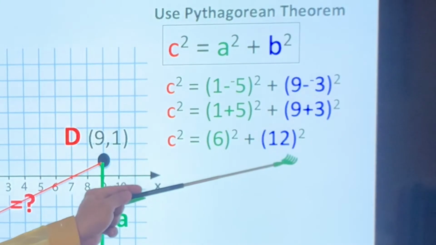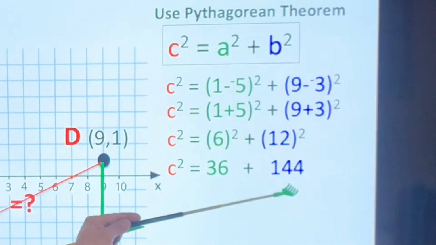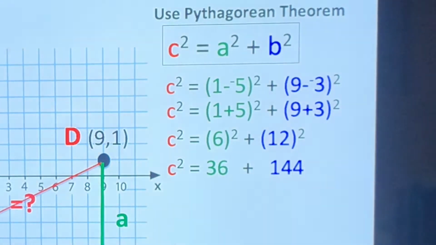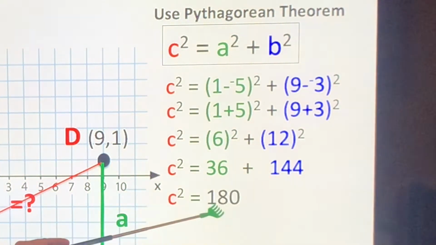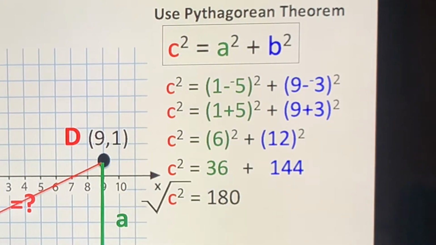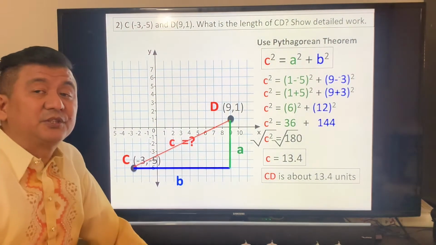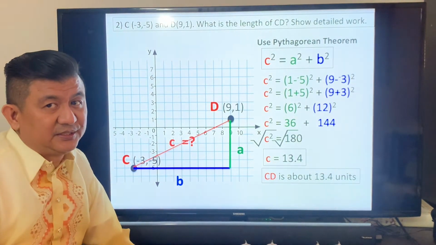Square here and a square there. That's going to be 36 plus 144. You can use your calculator, of course. Add them up, you will get 180. Take the square root, use your calculator, you will get 13.4. So, CD is about 13.4 units.